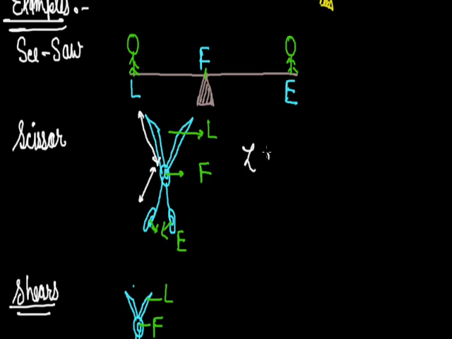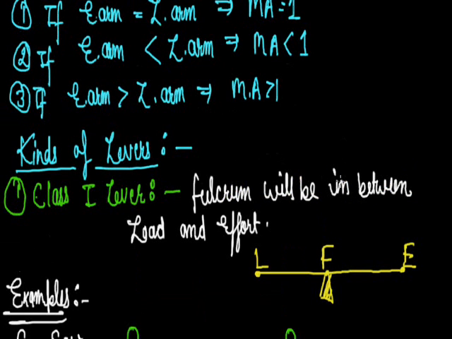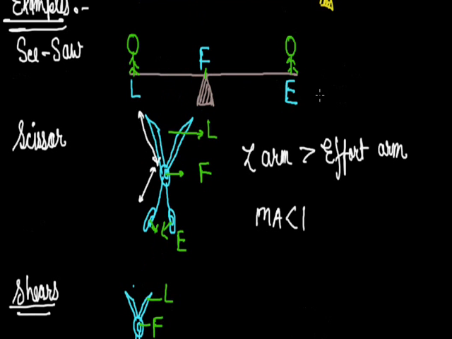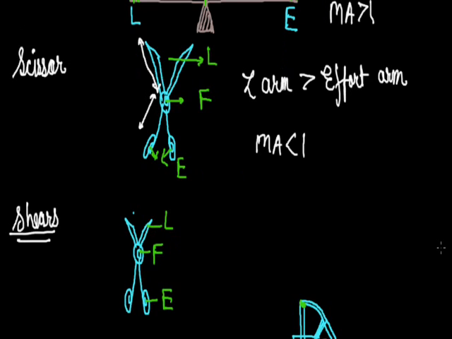So in this case, we can say that the mechanical advantage will be less than 1, and for the seesaw we can say mechanical advantage will be greater than 1. If we talk about the shear, then in this case we can observe that the load arm is lesser than the effort arm.